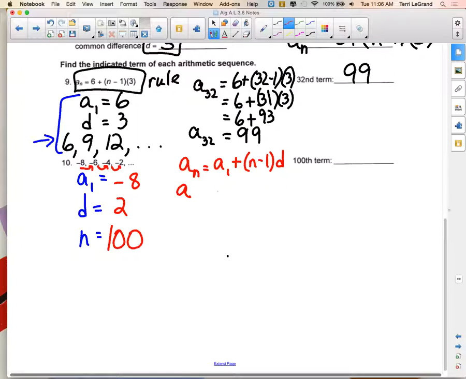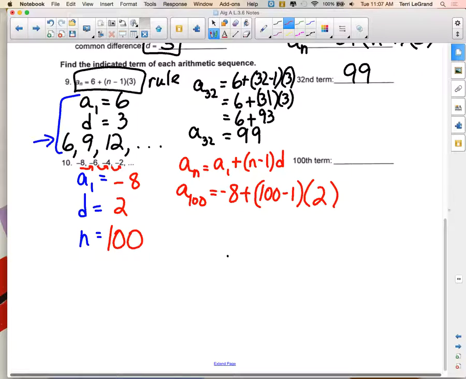This is our substitution step. You've got to show this. a sub what? 100 equals. What's substituting in for a sub 1? Negative 8. What's substituting in for n? 100. What's substituting in for d? 2.